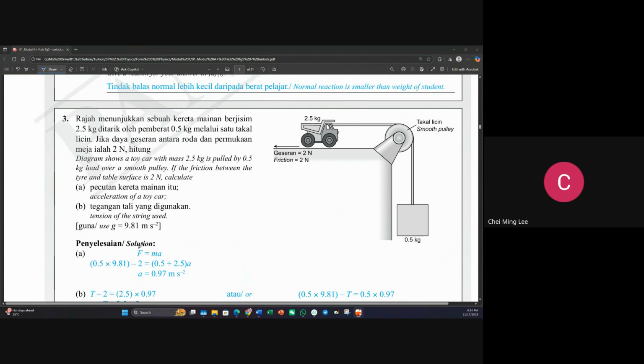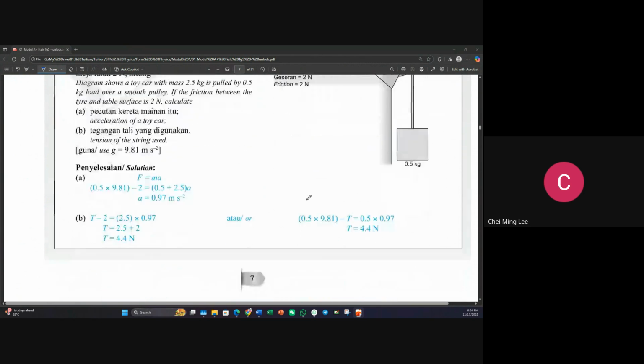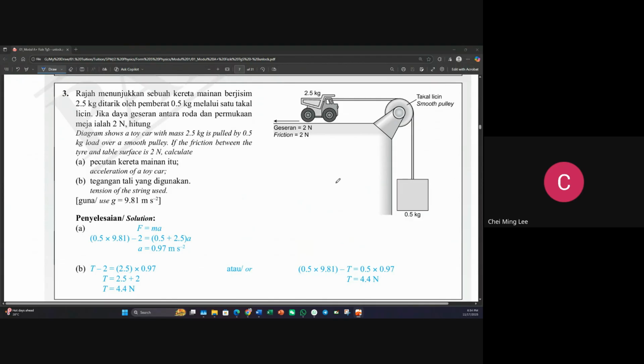Can you understand? Okay. Now, for the tension of the string. This is the tension, and you need to minus the 2 Newton friction, because this one will actually pull the car back.